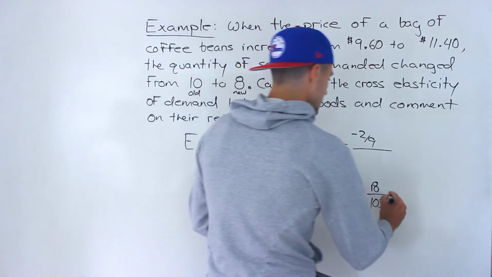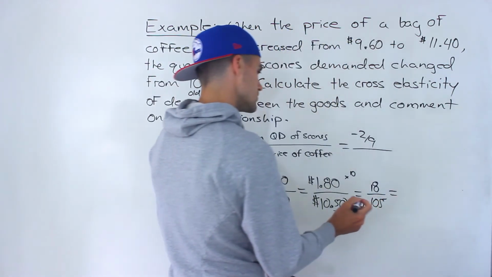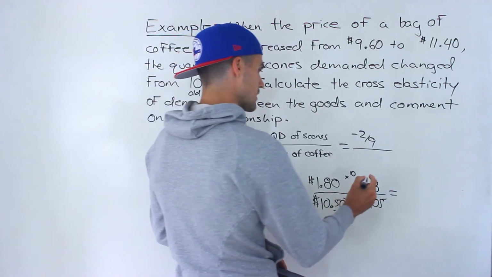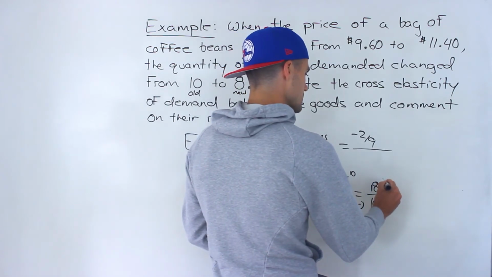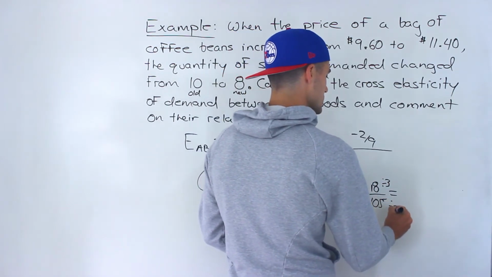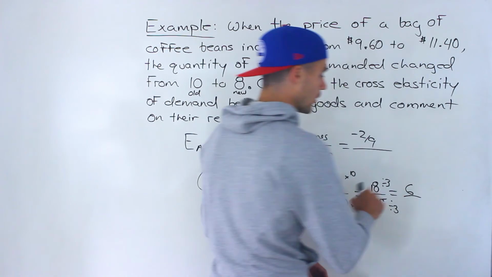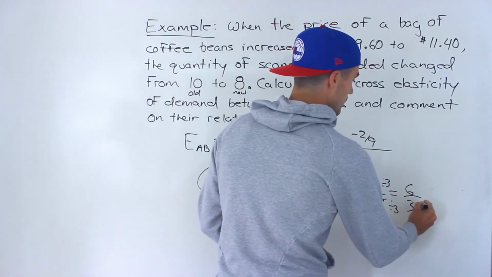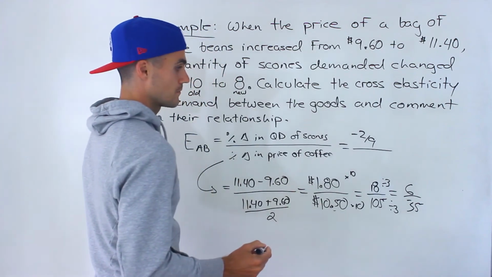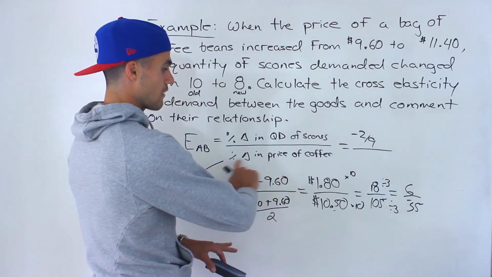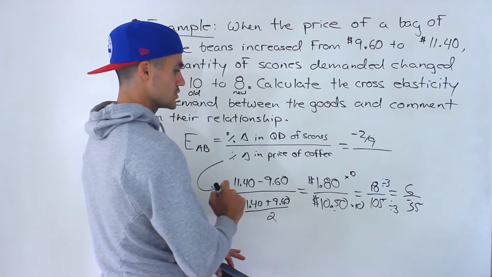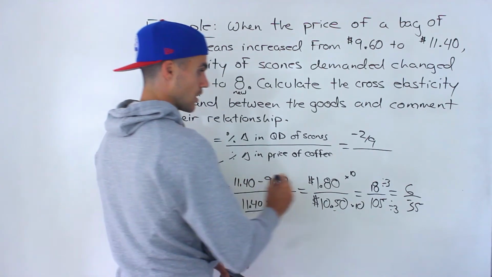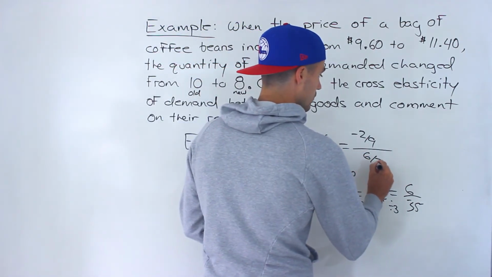Then with 18 over 105, we can divide this by 3 and this by 3. So 18 divided by 3 is 6, and 105 divided by 3 is 35. This doesn't simplify any further. So 6 over 35 would be the denominator, the percentage change in price of coffee.